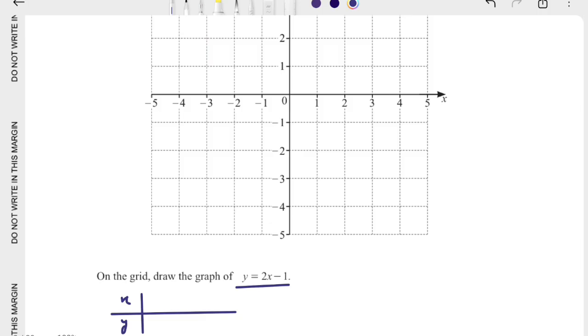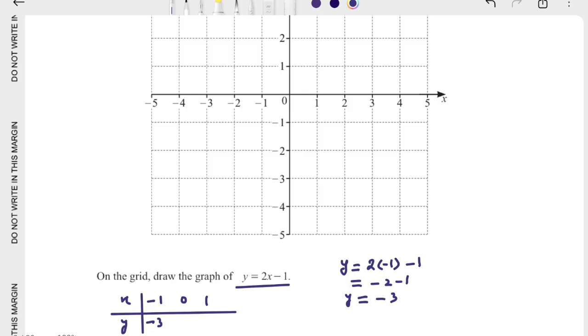Let us assume some values of x: minus 1, 0 and 1, and substitute in the equation. y equals 2 times minus 1 minus 1, minus 2 minus 1, minus 3.